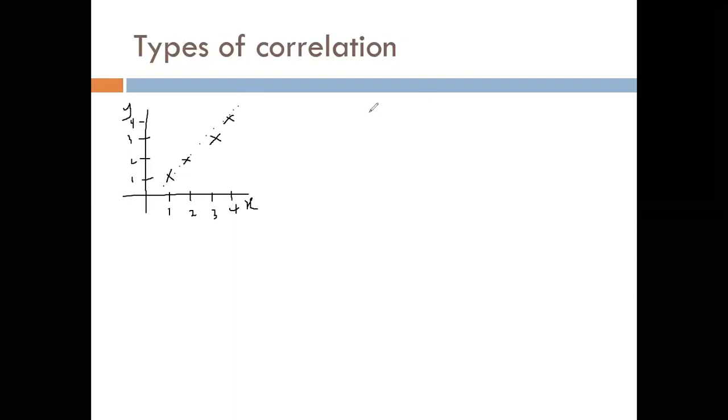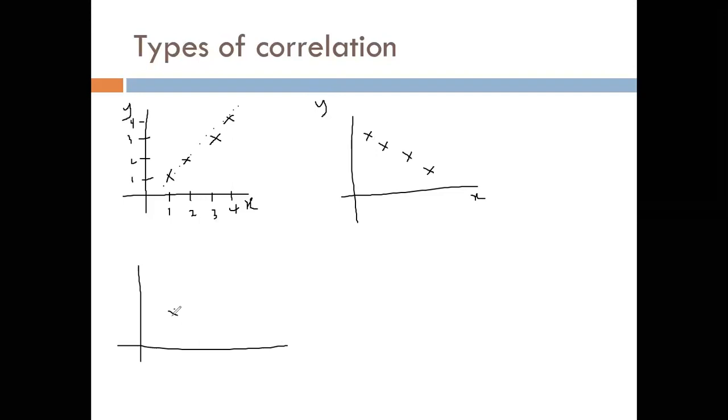Now, another type of graph we can have could also be observations going this way. We have x, y. And then we can also have a scenario where the data looks like that.